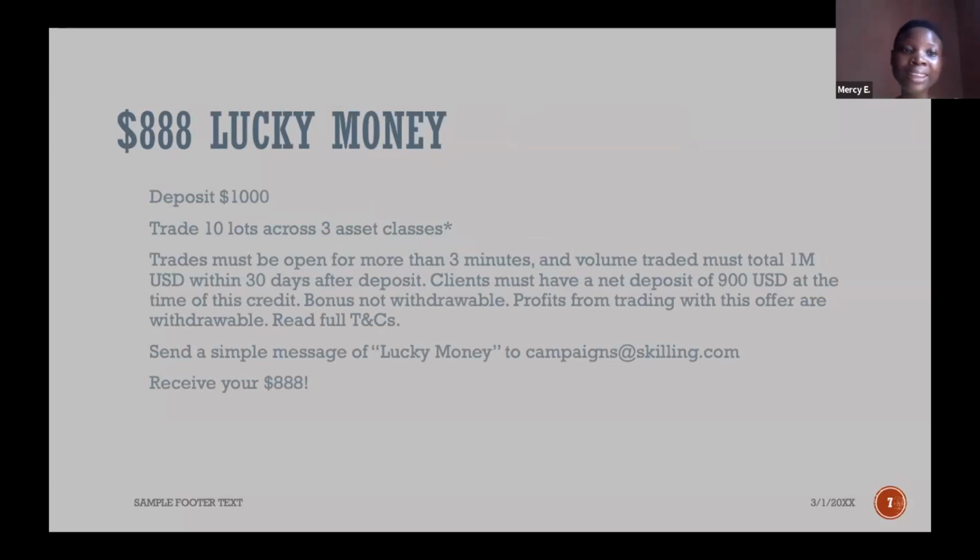Once you hit that, that's all you need to do. Once you trade 10 lots across 3 asset classes, you qualify for the $888 lucky money. Then to get it, you just send an email to campaigns@skilling.com, and the funds will be credited into your account, and you can trade with the funds and withdraw all of your profit. You cannot withdraw the money itself, but all of your profit is withdrawable when you get the $888 lucky money.